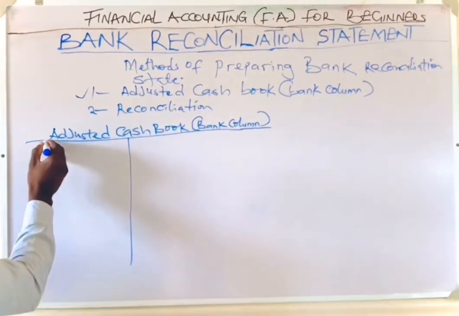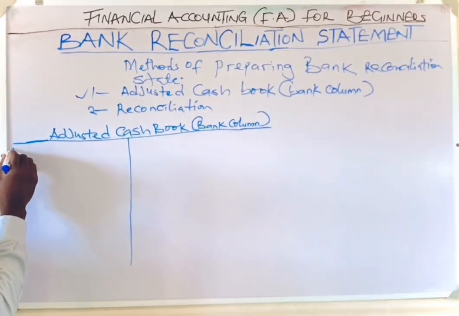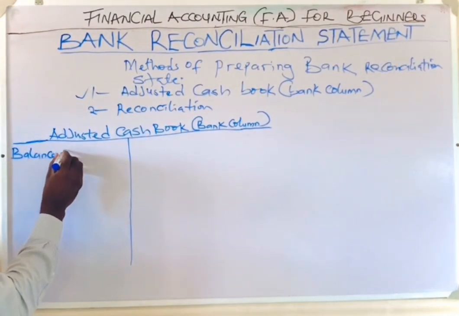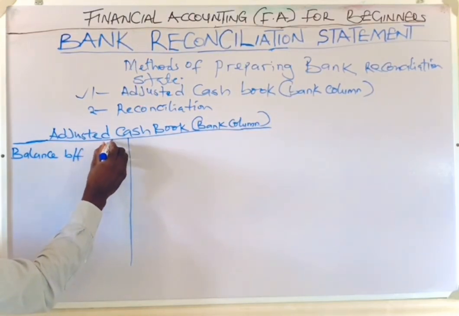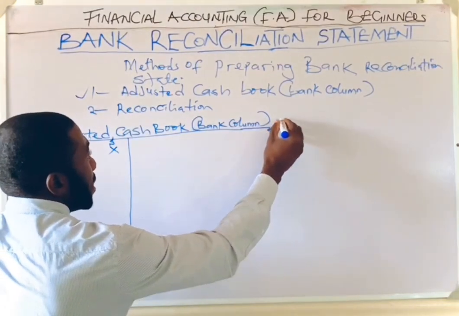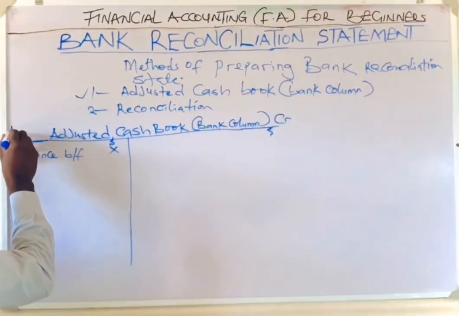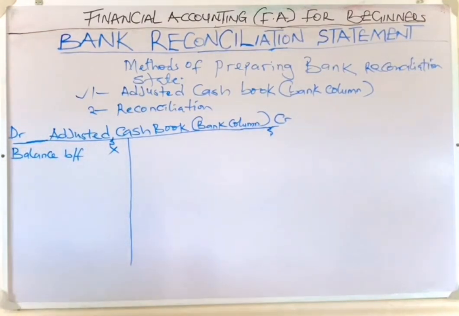Since this is the extract, we are going to have our balance brought forward, your currency sign, your credit, and your debit. Please don't forget all these signs. They are very important and necessary.